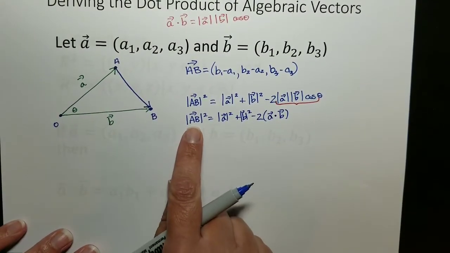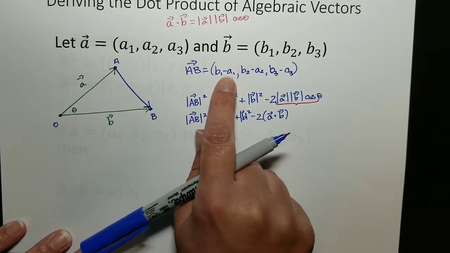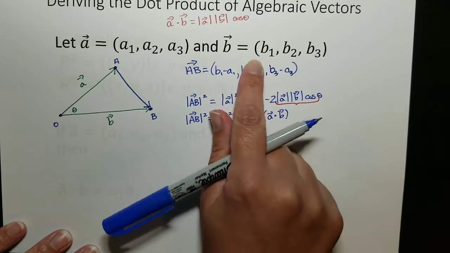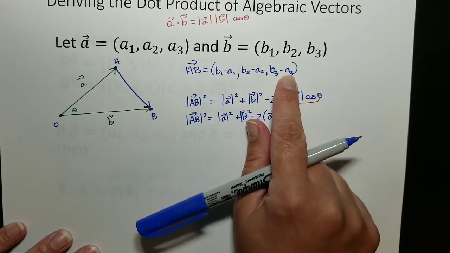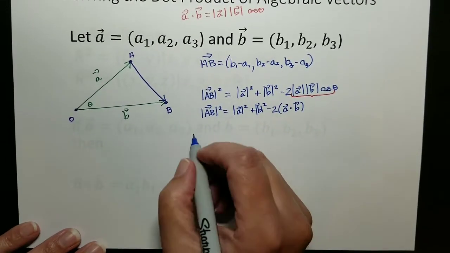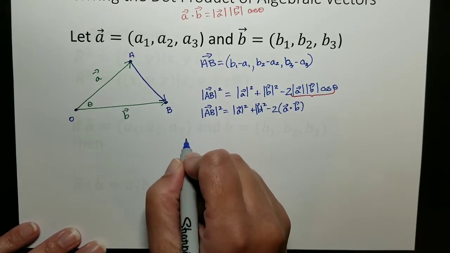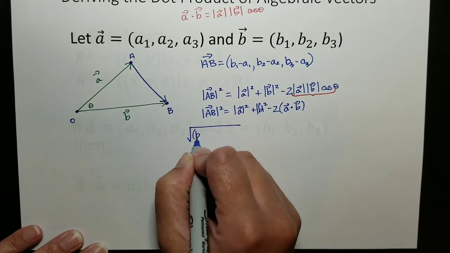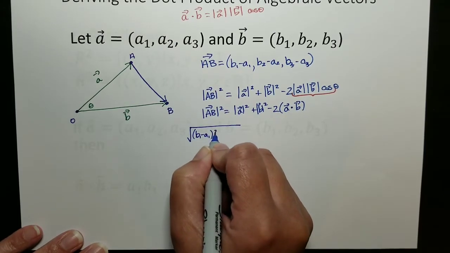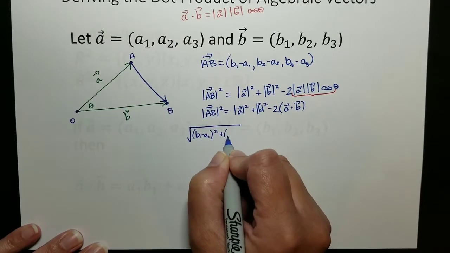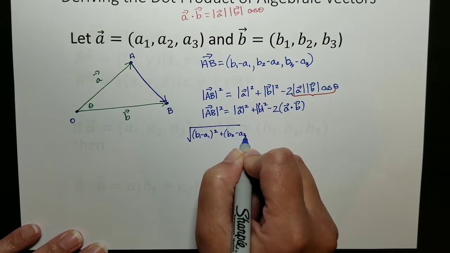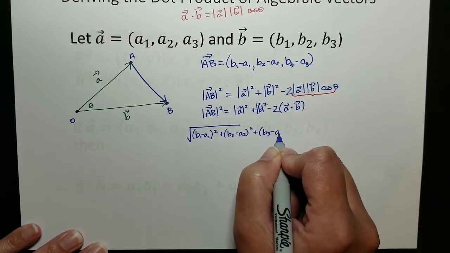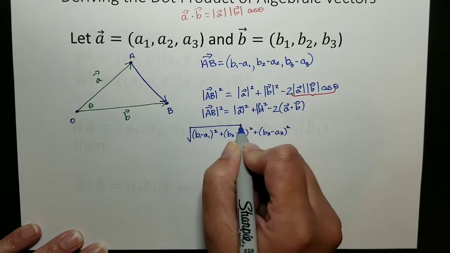The magnitude of AB squared. Remember, the magnitude of a vector is the square root of the x component squared, the y component squared, and the z component squared. So this magnitude of AB is going to be the square root of B1 minus A1 squared plus B2 minus A2 squared plus B3 minus A3 squared.